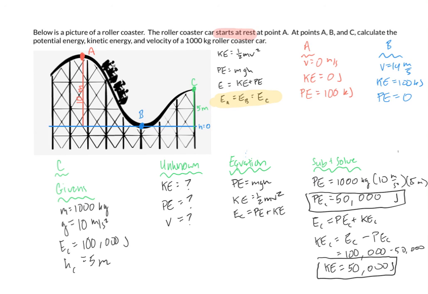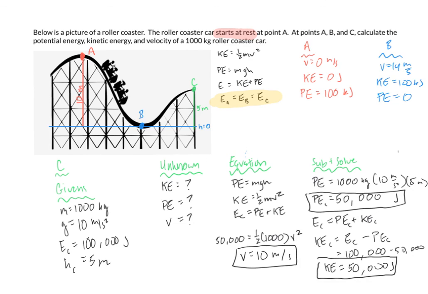I'm now ready to figure out my speed at point C. I'm going to use my kinetic energy equation, and I will find that 50,000 is equal to 1/2 times 1,000 times my speed squared. I'll divide both sides by 1/2 and 1,000 and take the square root. And when I do that, I find that my speed is 10 meters per second.